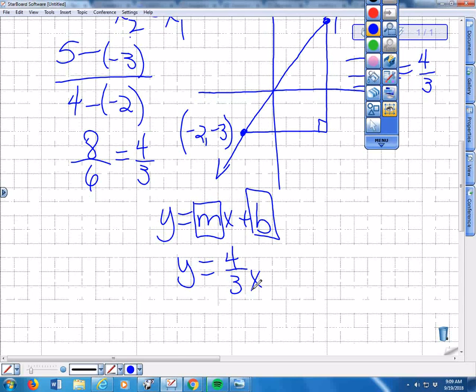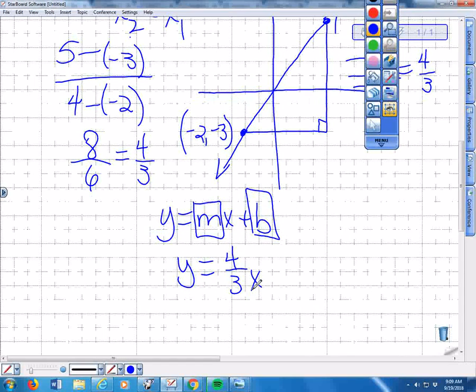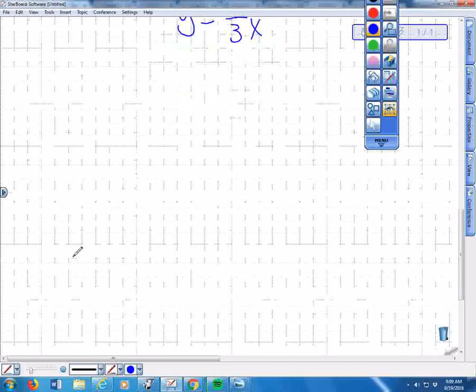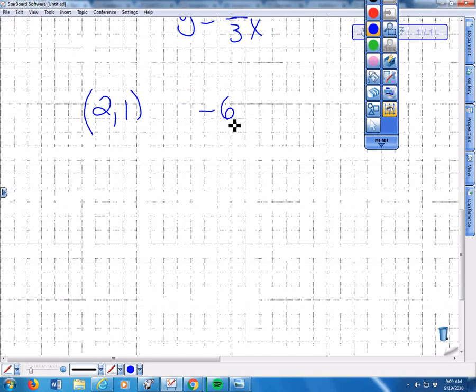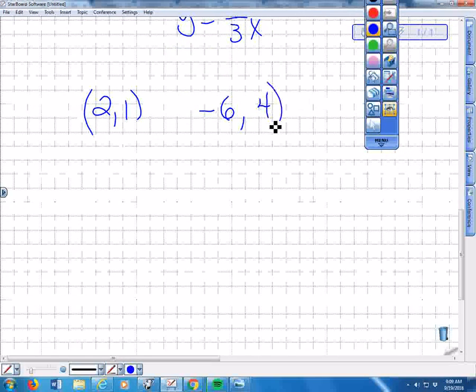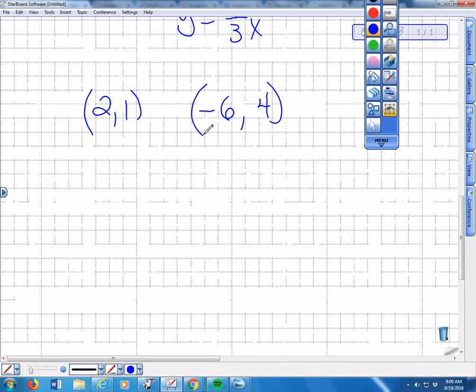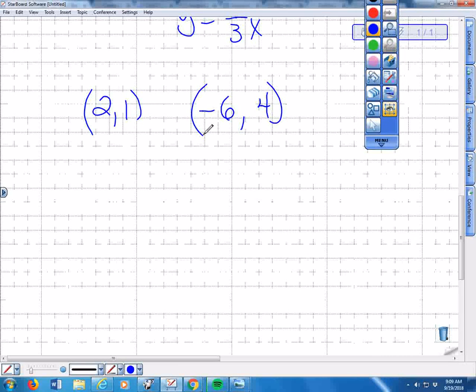Okay. Now, if it's not obvious looking at the graph what the y-intercept is, or they don't give it to you, let's just say I want you to find the equation of the line between the points 2, 1 and negative 6, 4, and I don't have a graph. Well, I've got to find 2 things, the y-intercept and the slope.